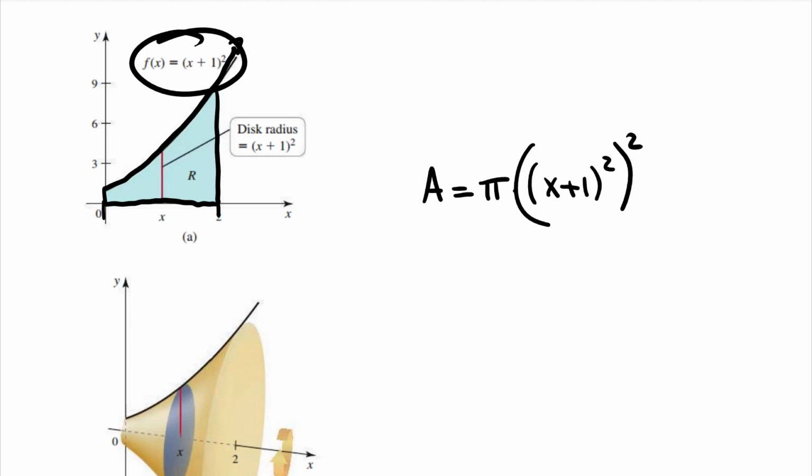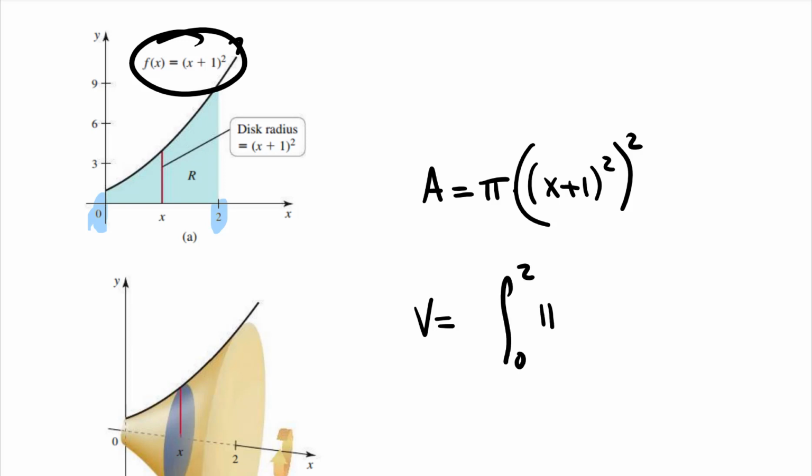Using our formula to find the volume, we go from a to b, 0 to 2, taking the integral of pi times our function squared, dx.